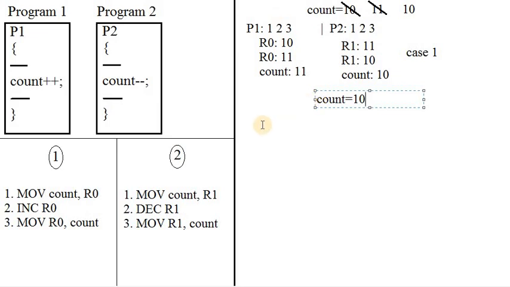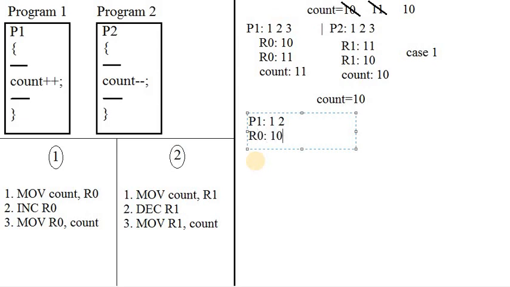Okay, let us start our execution here. Right, that is, let us execute P1 with the instructions 1 and 2, right? So let us execute. So here while executing P1 program 1 with 1 and 2, what will happen? R0 will become 10.